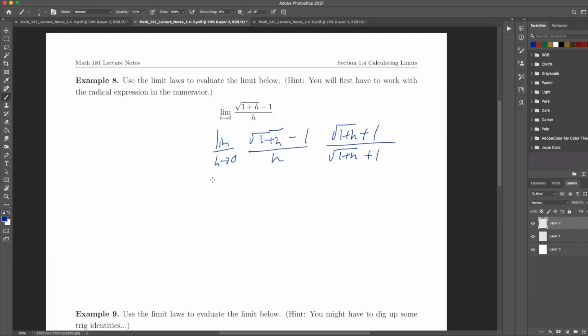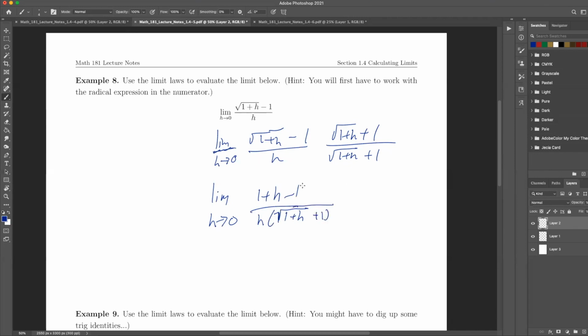Now, if I do this, I don't need this. I'll have the limit as h approaches 0 of this times this gives me 1 plus h. This will give me positive h, square root of 1 plus h. This will give me negative 1 plus h, so that cancels out. And then I get negative 1 times 1, which is minus 1, all over h times the square root of 1 plus h plus 1.